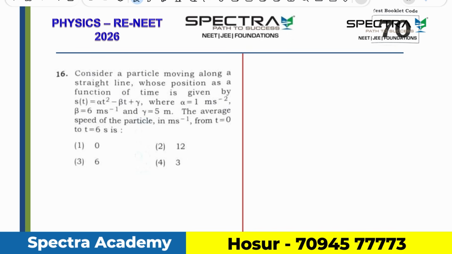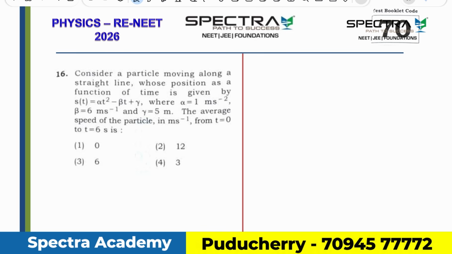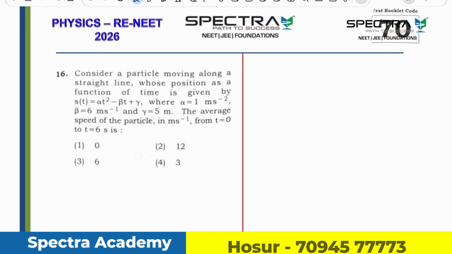Consider a particle moving along a straight line whose position as a function of time is given by S of t is equal to alpha t square minus beta t plus gamma, where alpha is equal to 1 meter per second square, beta is equal to 6 meter per second, and gamma is equal to 5 meter. Now the average speed of the particle in meter per second from t is equal to 0 to t is equal to 6 seconds.